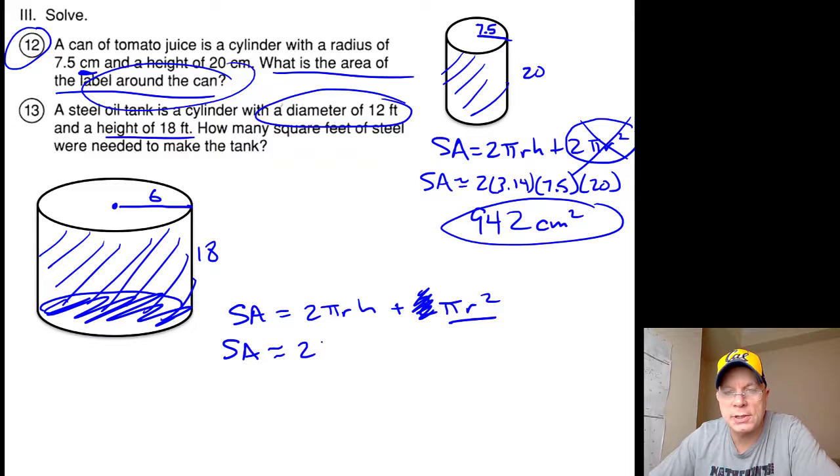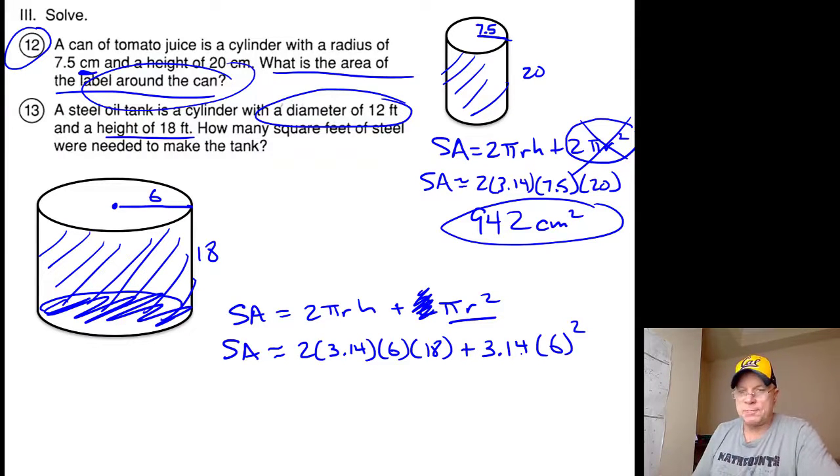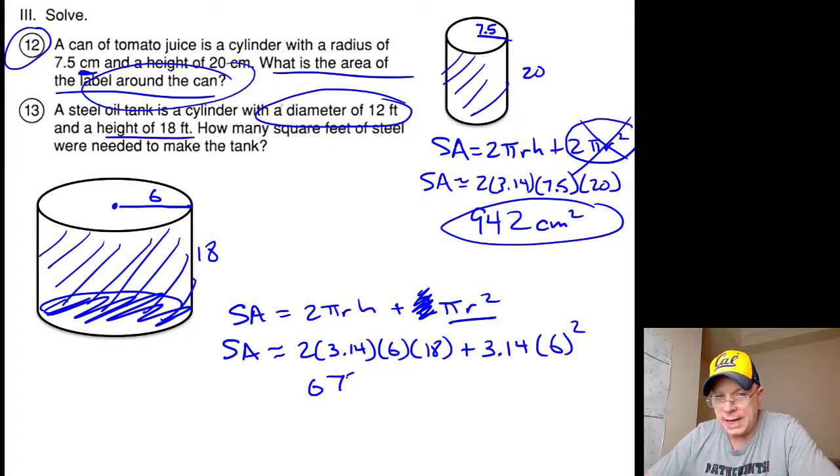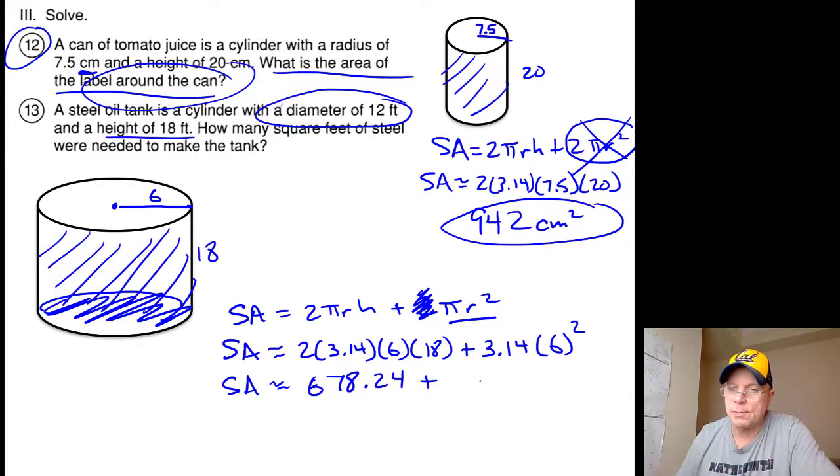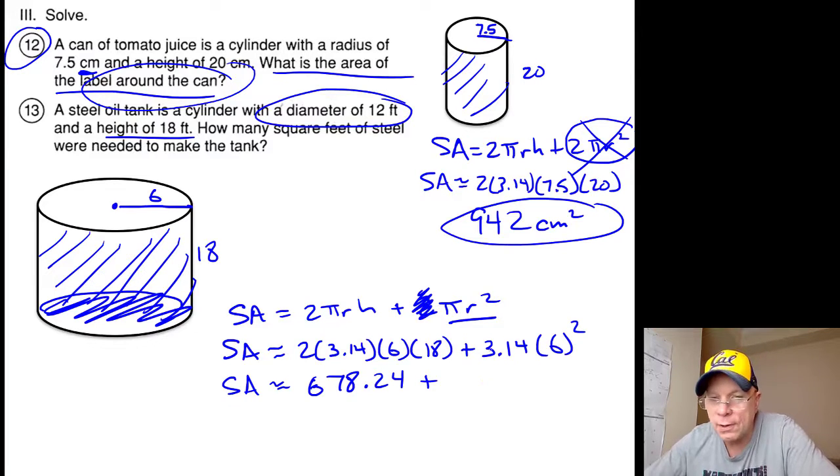So you have to modify that formula to get the correct answer here. So the surface area is approximately 2 times 3.14 times the radius of 6 times the height of 18 plus 1 pi r squared, so 3.14 times 6 squared. 6.28 times 108 gives me a lateral surface area of 678.24, plus 36 times 3.14. 36 times 3.14 is 113.04.